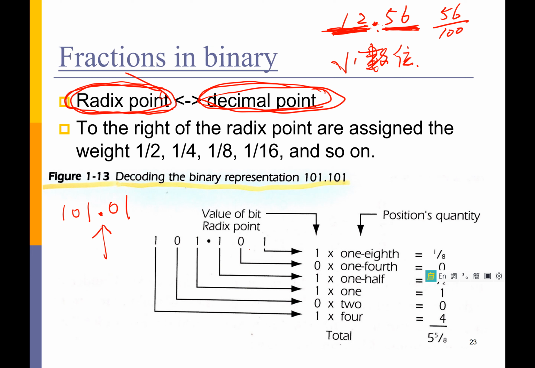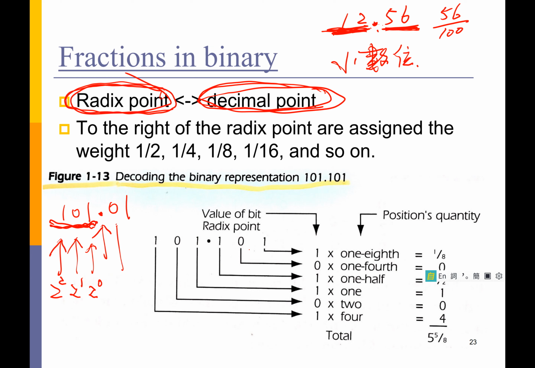Okay? Now, the problem is we know how to assign weight to the digits on the left of the point. This is 2 to the power 0, the weight. And this is 2 to the power 1. And this, the weight is 2 to the power 2.